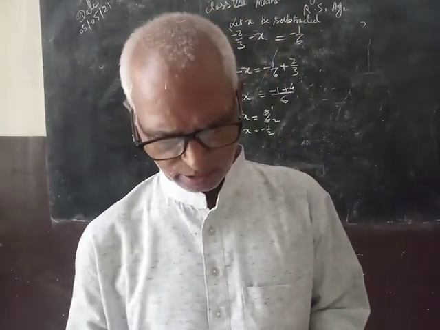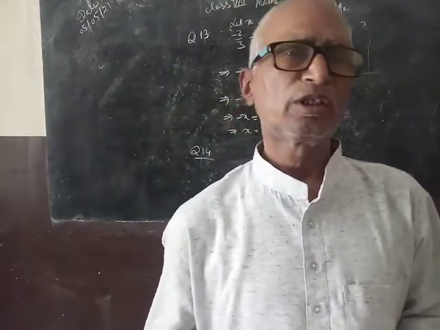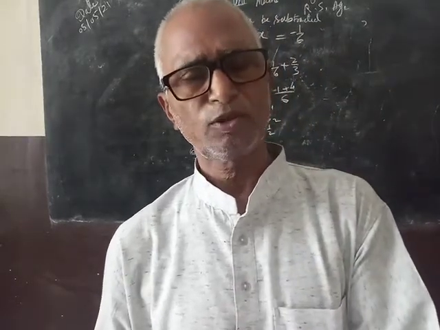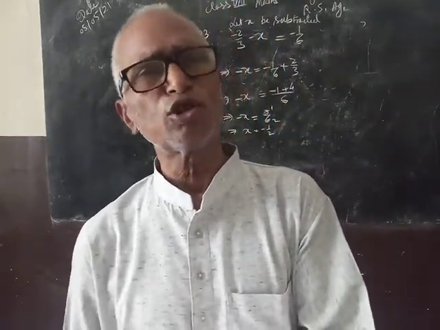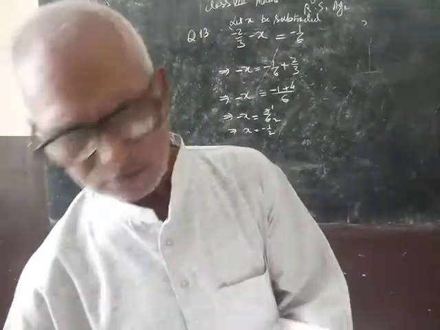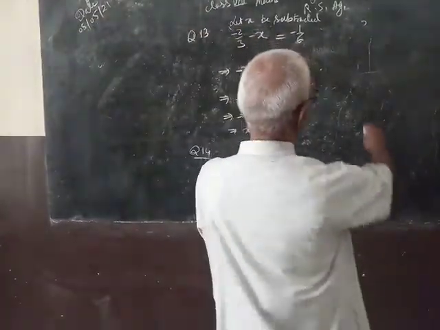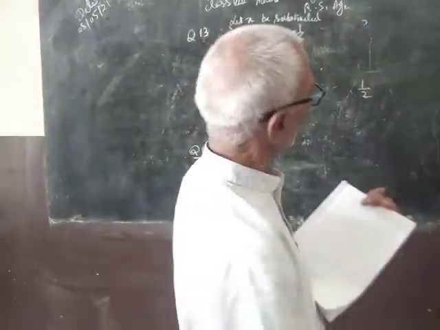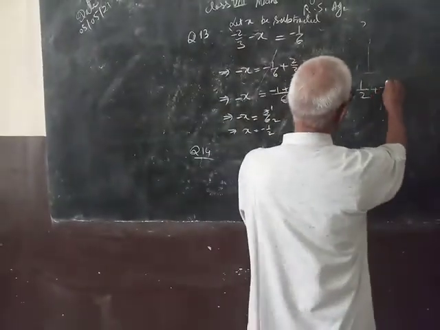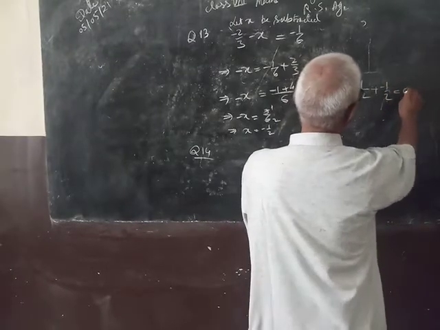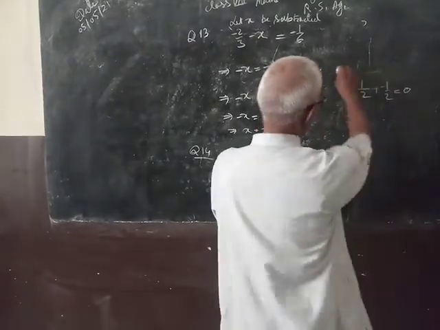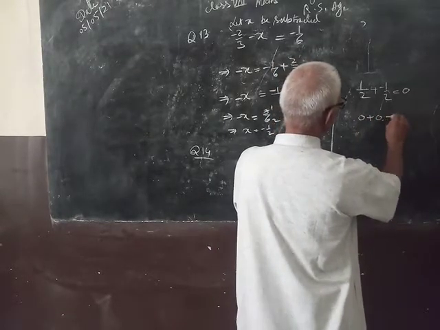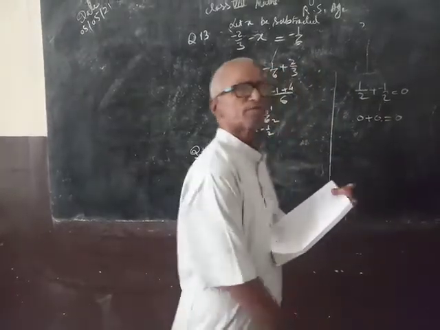Means it is 0. The additive inverse of 0 is 0, because when 0 is added to 0, 0 comes. Additive inverse is the number which when added to the number itself. Suppose half is the number, when minus half is added to it, the result becomes 0. So it asks what number should be added to itself so that the result is 0.